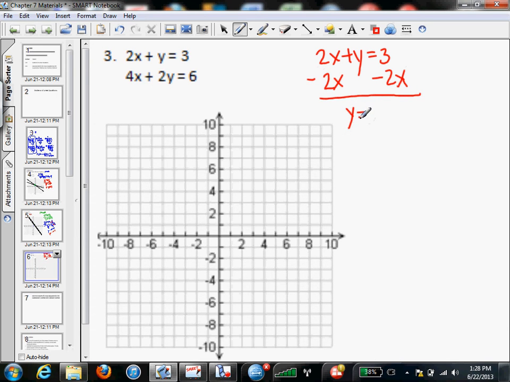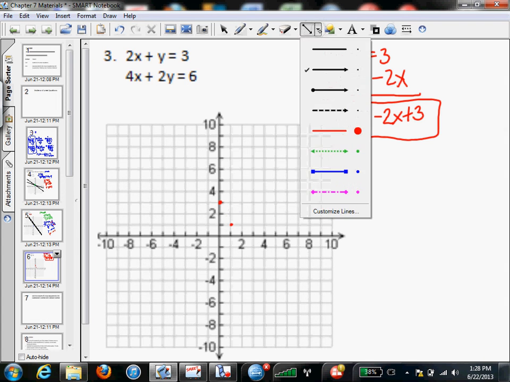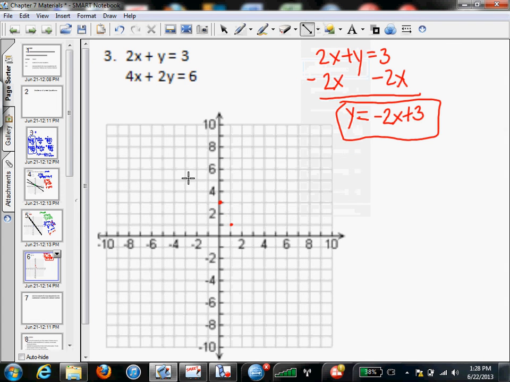So we have y equals a negative 2x plus 3. So if we graph this, we want to start off by graphing positive 3 and go down 2 to the right one. So we have that line graphed.